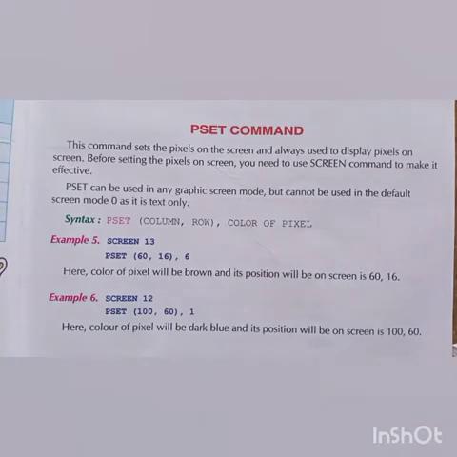For any image to be drawn, the first and foremost thing that has to be done is setting up the pixel where we are going to begin drawing our picture. Now how to do this?